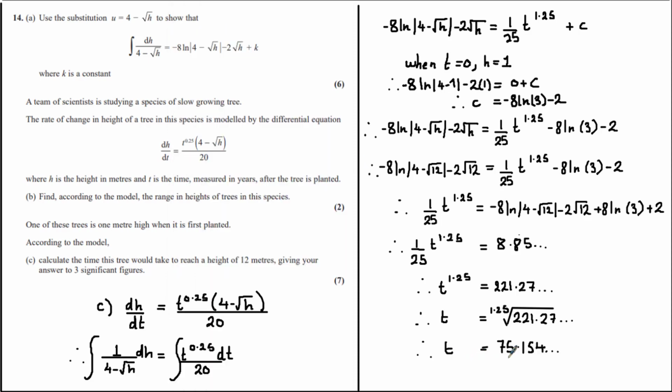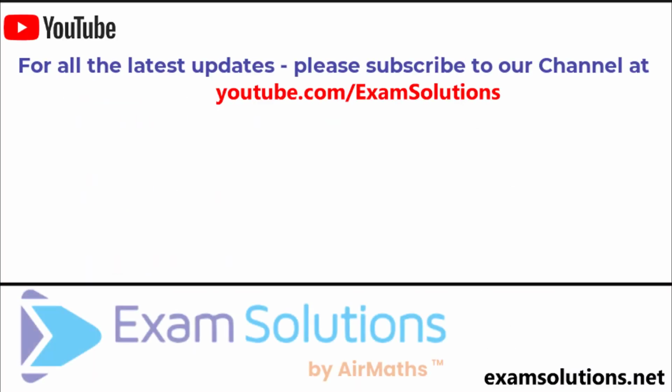So therefore t is equal to 75.15 and so on. So since we were asked to calculate the time giving our answer to 3 significant figures, rounding this value, we get that t is equal to 75.2 years to 3 significant figures, and don't forget your units, okay?